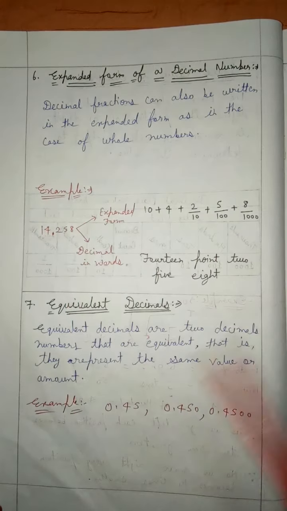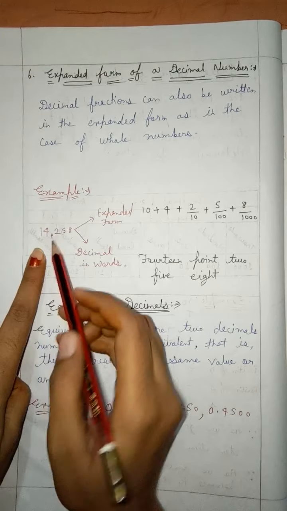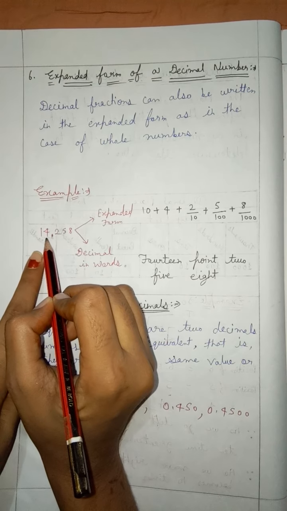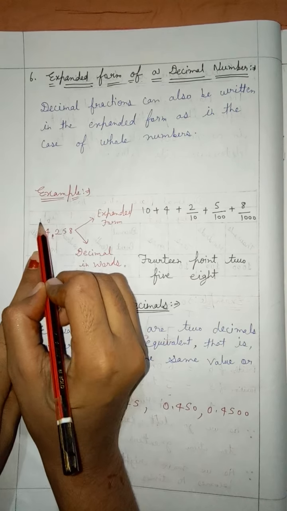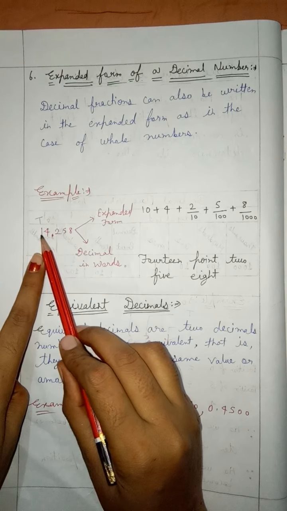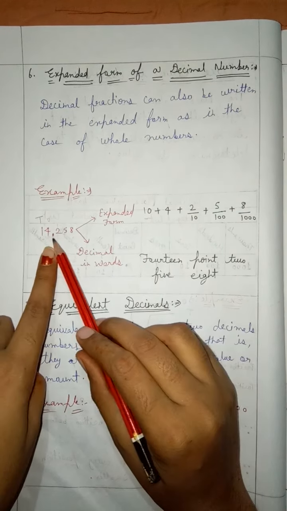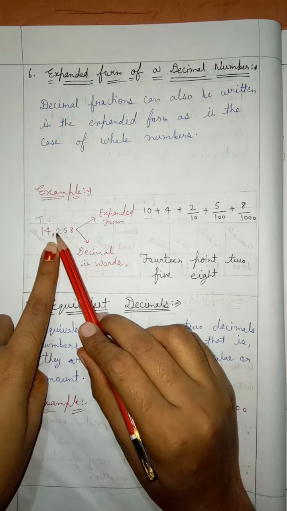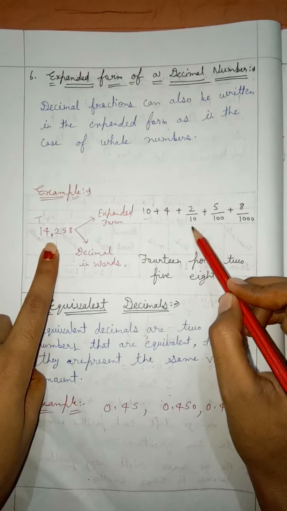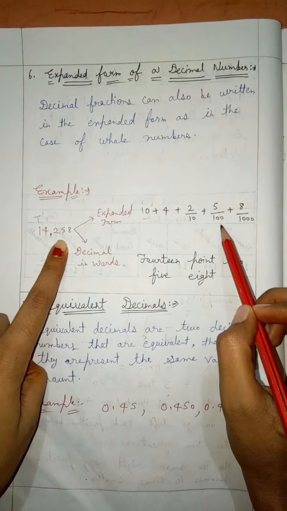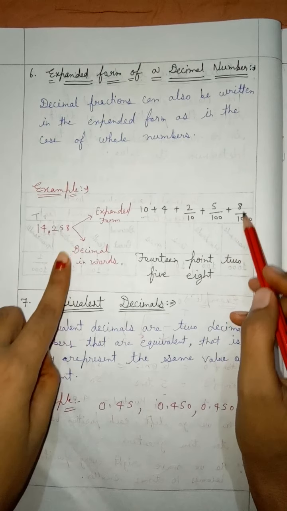Just look here: on the left side of the decimal, this is ones and this is tens. 1 ten, it means 10, plus 4 ones, 4. Now on the right side of the decimal, 2 tenths, 2 by 10, plus 5 hundredths, 5 by 100, plus 8 thousandths, 8 by 1000.